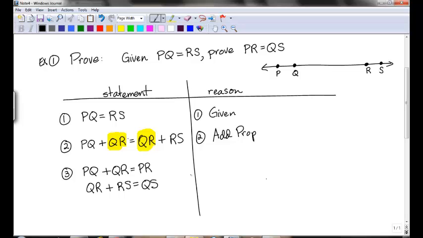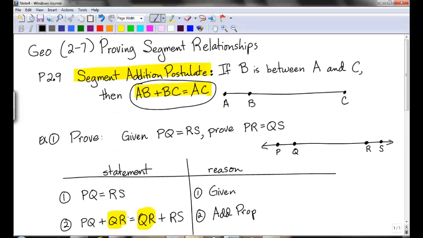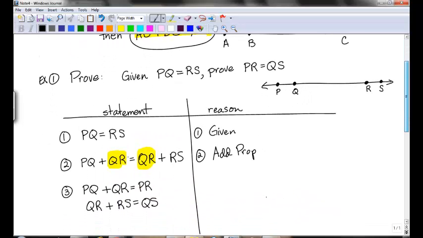Makes the order better. Now what property says this measure plus this measure equals the whole thing? Segment addition, AB plus BC equals the whole thing. So this is just segment addition. And notice, it's okay to do the same, like I could write out step 4 for this, but it's the same thing. So I can do it on one line. This is segment addition.